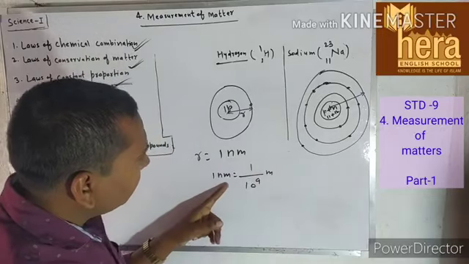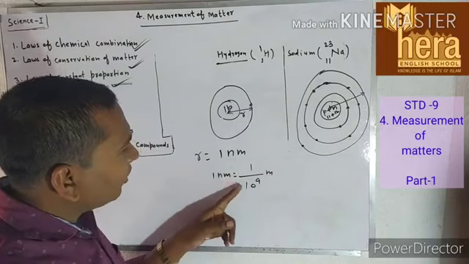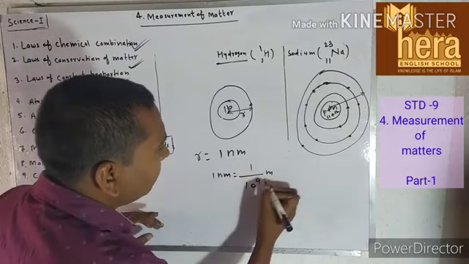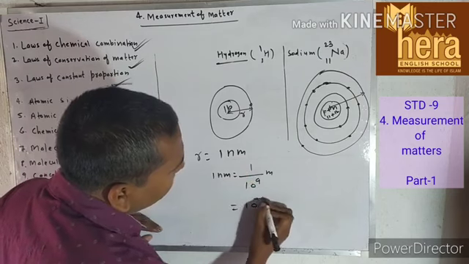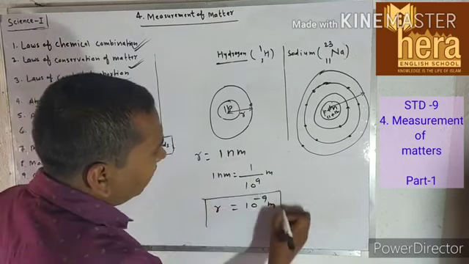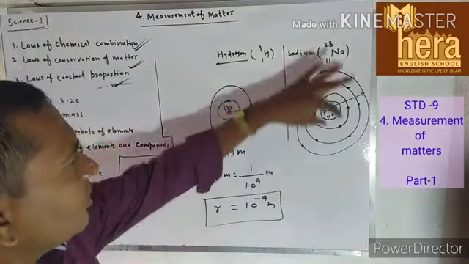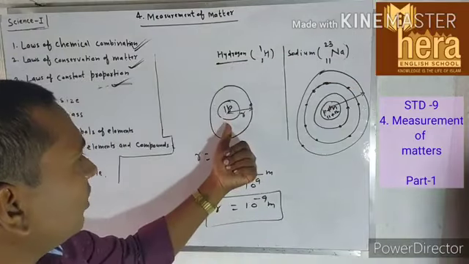If you want to convert nanometer into meter, then 1 nanometer is 1 upon 10 raised to 9, which is 10 raised to minus 9 meter. Therefore, the radius of a hydrogen atom is 10 raised to minus 9 meter. Of course, the size of other atoms will be greater than hydrogen atoms.